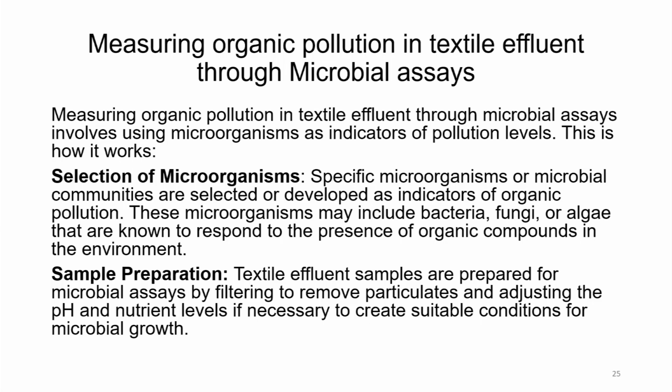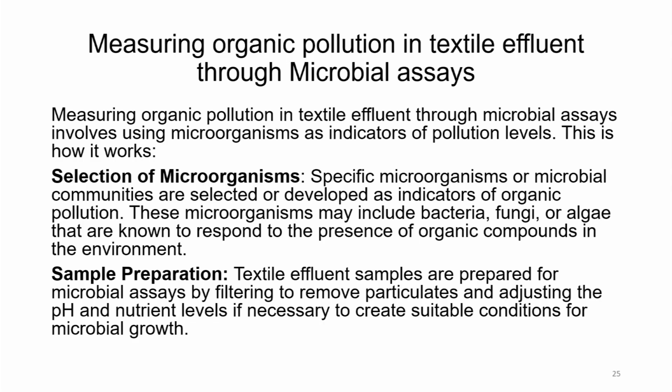Specific microorganisms or microbial communities are selected or developed as indicators for organic pollution. These microorganisms may include bacteria, fungi, algae that are known to respond to the presence of organic compounds in the environment. So, there is a development stage of indicator.